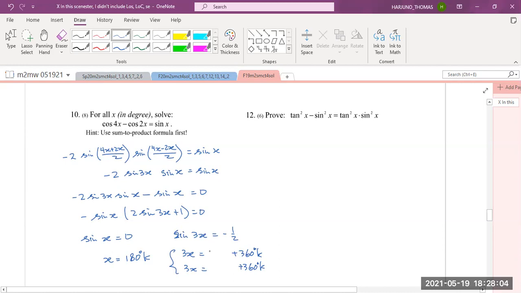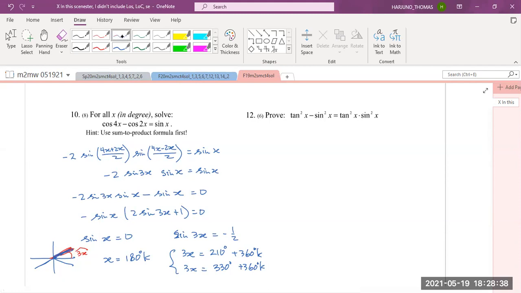In quadrant 3, that's 210. In quadrant 4, that's 330 degrees. So the way you imagine is this: it's 30 degrees, right? Now send it to quadrant 3 and quadrant 4. That's the reference angle here. This is 3x.